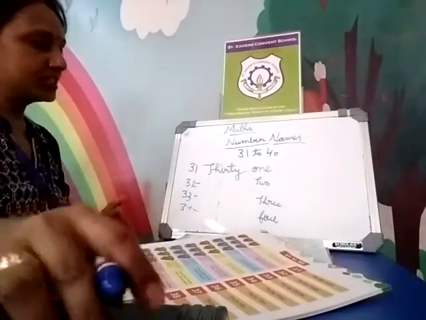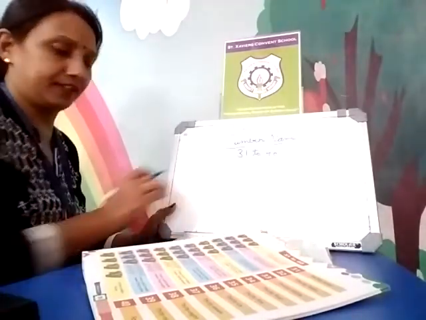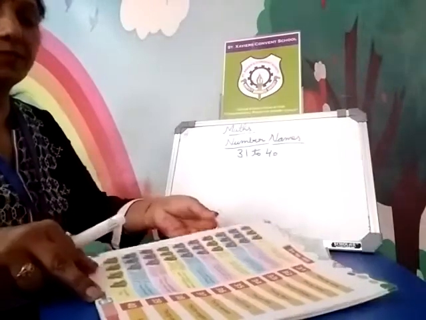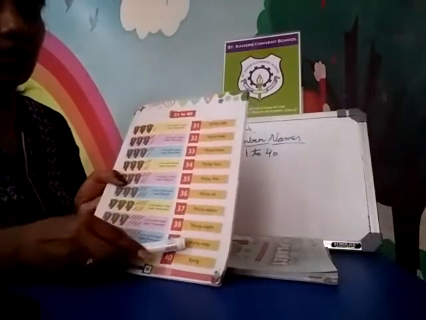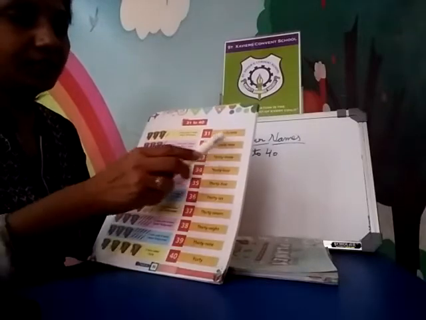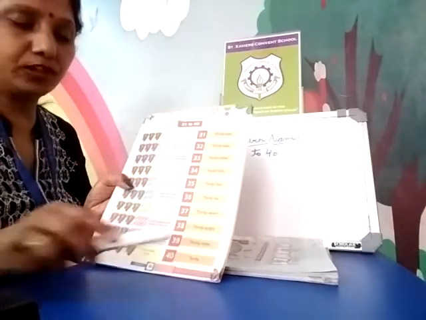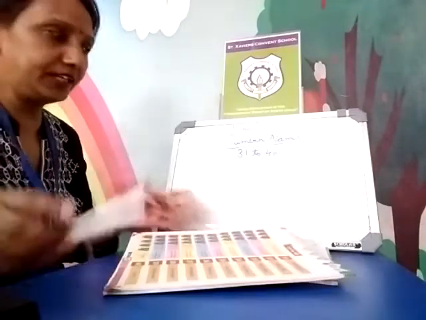Alright. So this way you have to complete spelling from 1 to 9. You can see here on page number 35, 31 to 39. It means 31, 32, 33, 34, 35, 36, 37, 38, 39. What comes after 39? 40.